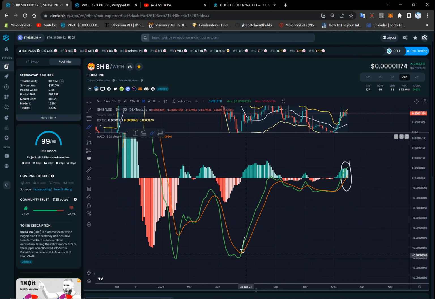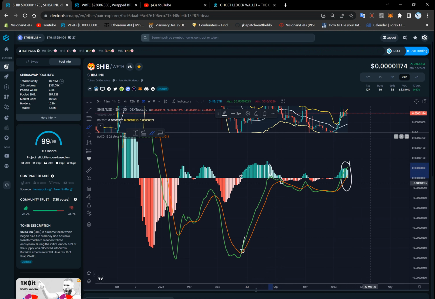So you would enter your trade when the line crosses, and also correspond it with when there's buying pressure, whenever you see these green bars. Then you would get out as soon as you see the line cross again here, and also when you see buying pressure has decreased.